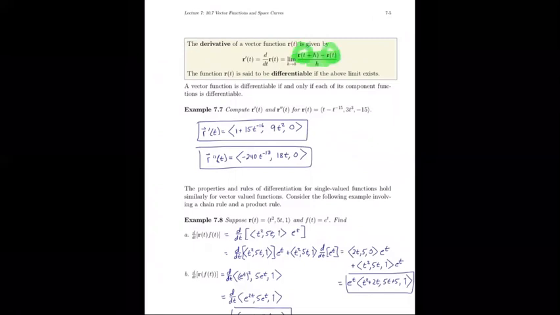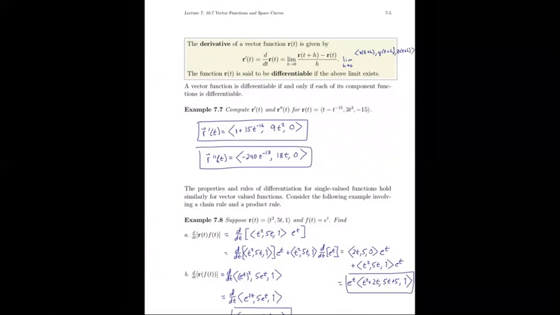What we saw on the previous page is actually what happens when we carry out a derivative: we're taking the limit as h goes to 0 of x of t plus h, y of t plus h, and I think the viewer sees the point of this, z of t plus h.